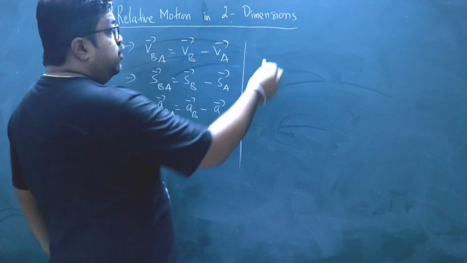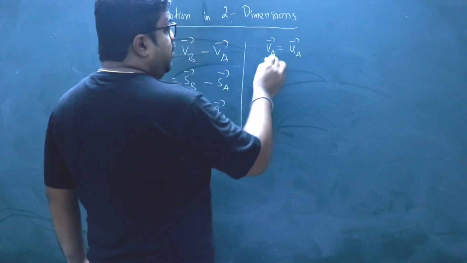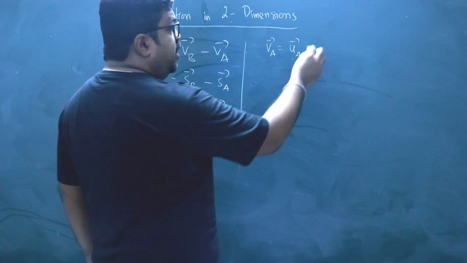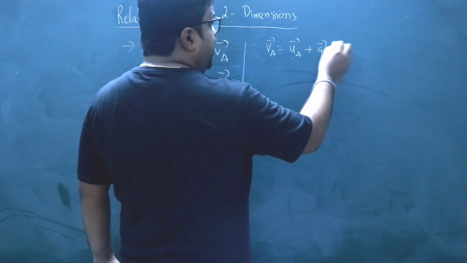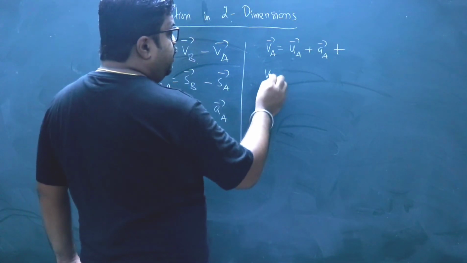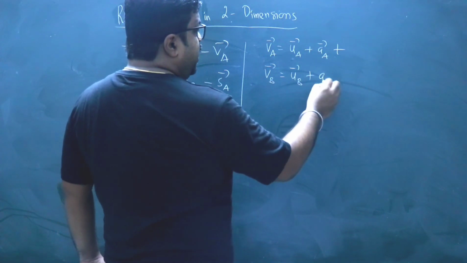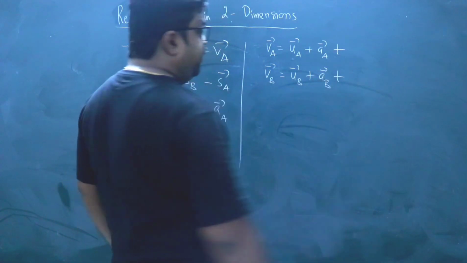Velocity of A is given as VA equals UA plus AA into t, where UA is the initial velocity of A. Similarly for particle B we have VB is equal to UB plus AB into t.